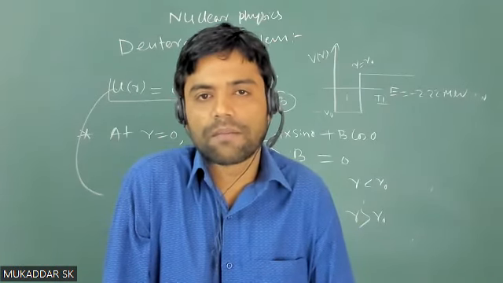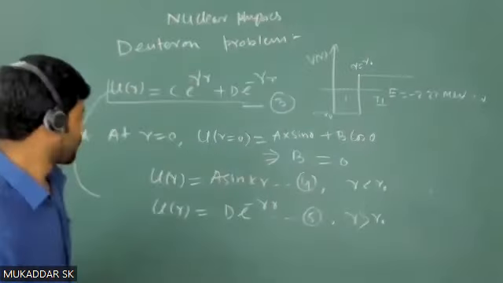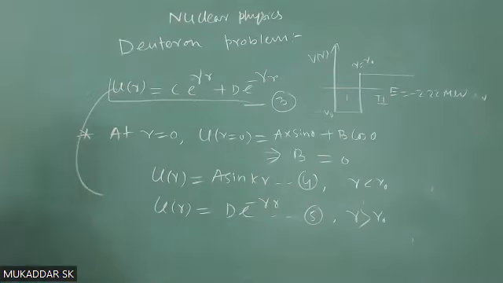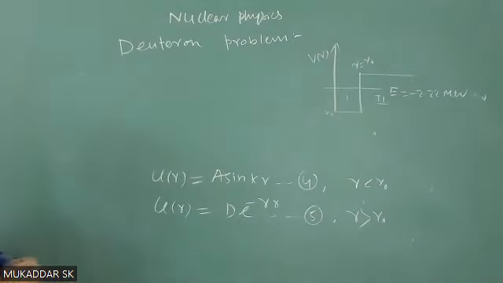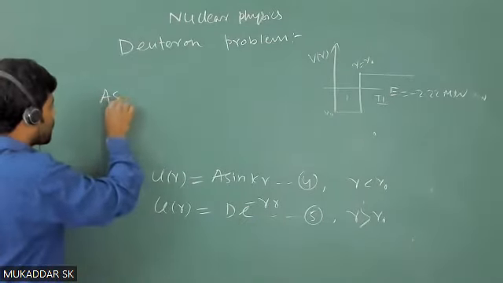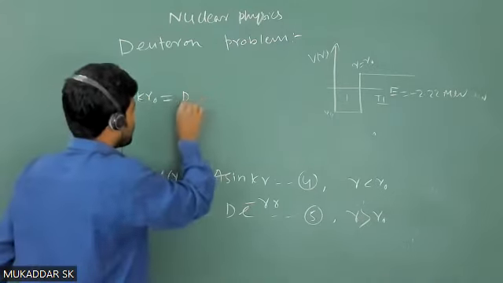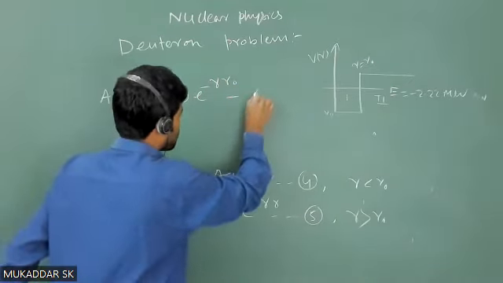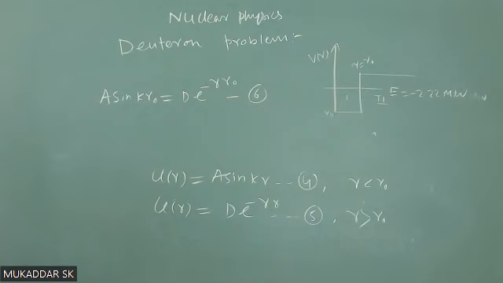If we apply this, a sin k r naught should be equal to d exponential minus gamma r naught, because the wave function is continuous. I'll take this as equation number 6.